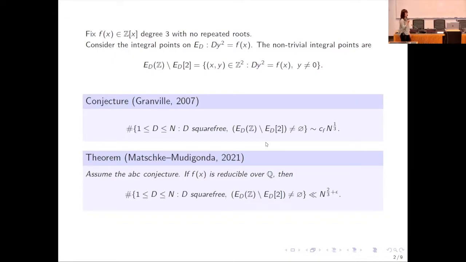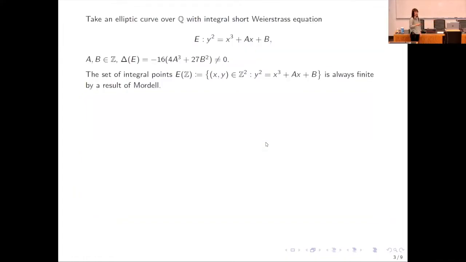So I'm going to restrict to some special cases. But first, I should set up the way I look at these points.